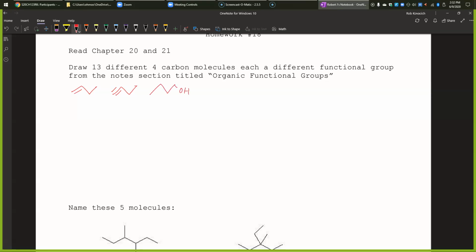There's an alcohol group. There's an aldehyde. There's a carboxylic acid.